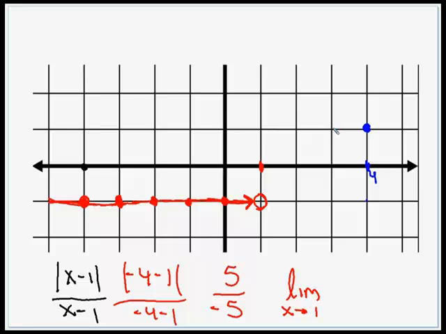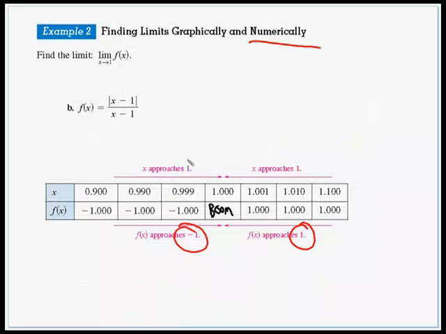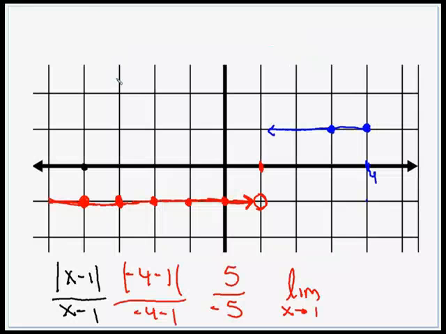And if we plug in 3, we get 2 over 2, or 1. As we plug in numbers getting closer and closer to this x value of 1, we stay right here on this horizontal line. And our table showed us that as we're approaching 1 from numbers above, we're always at a y value of 1. And we know there's a hole in the graph at 1.